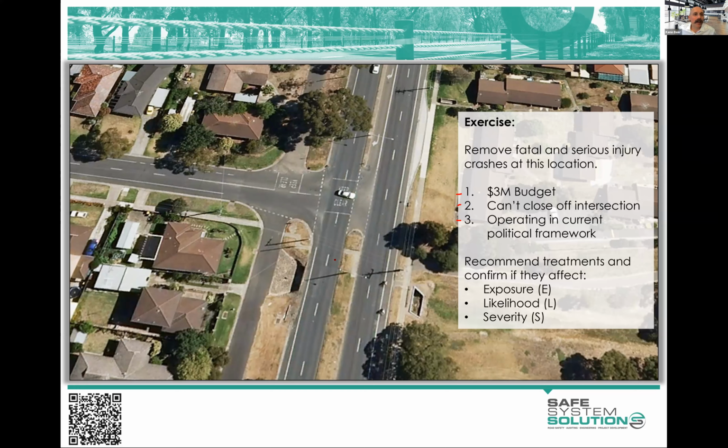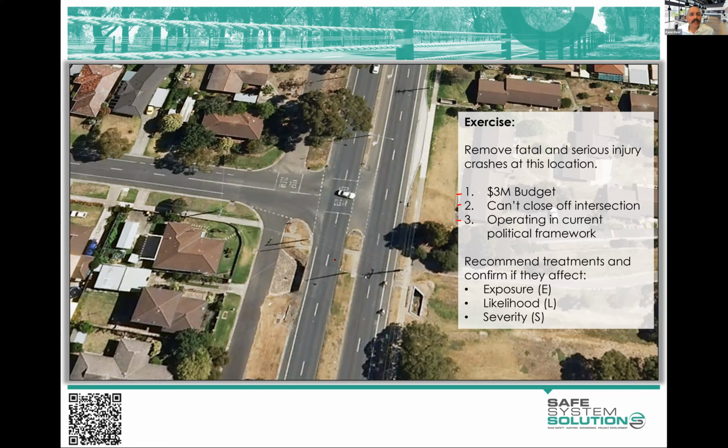Questions coming here. Is a multi-lane roundabout within the budget? What about putting traffic lights? So a multi-lane roundabout to meet the Australian Guide to Road Design Part 4B will cost you $8 million, out of budget.